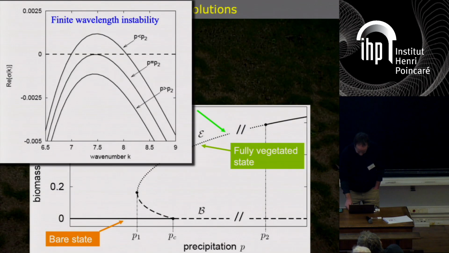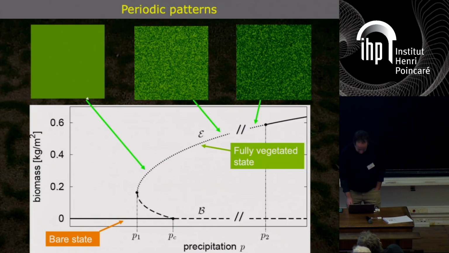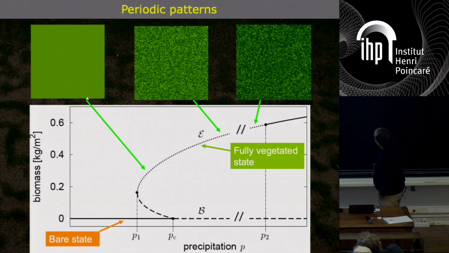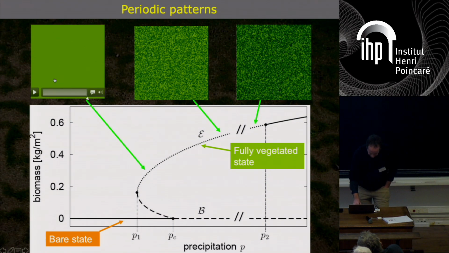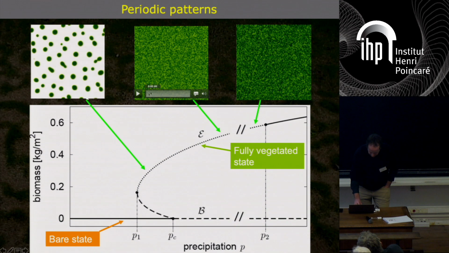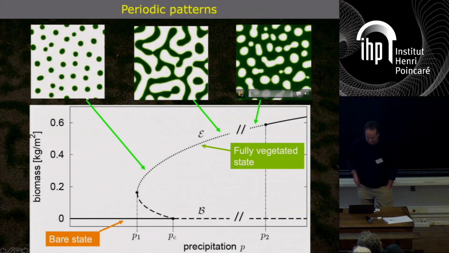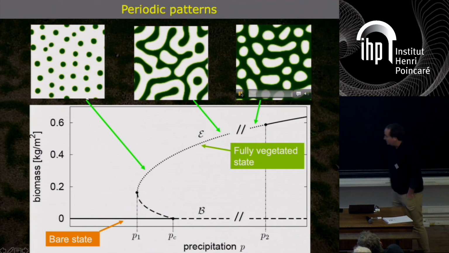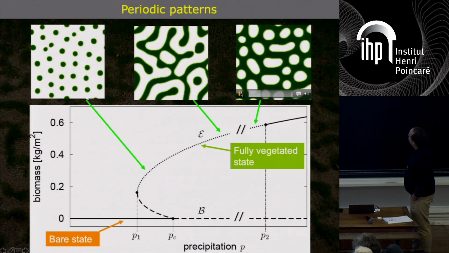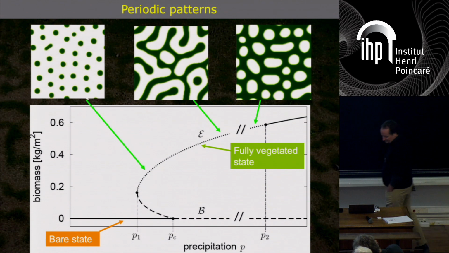Okay, so to move forward, you get the formation of such patterns. This uniform vegetated branch is unstable to small perturbations. Here are numerical examples where we simply applied a small random perturbation to these branches, and you see the formation of the usual sequence of patterns, a canonical series from spots to bands to gaps.